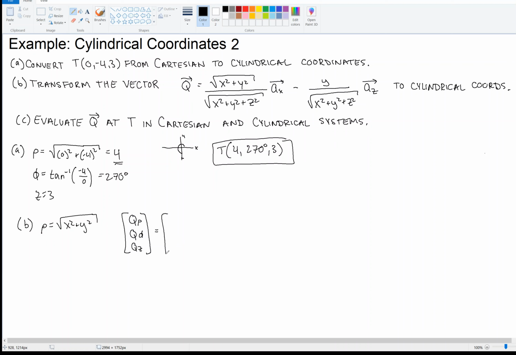is equal to, and then we have this transformation matrix. So we've got the cosine of phi. Okay, and there's no reason you have to memorize this really. Sine phi, 0, then minus sine phi, cosine phi, 0, and then 0, 0, 1, right? Because z goes untransformed.